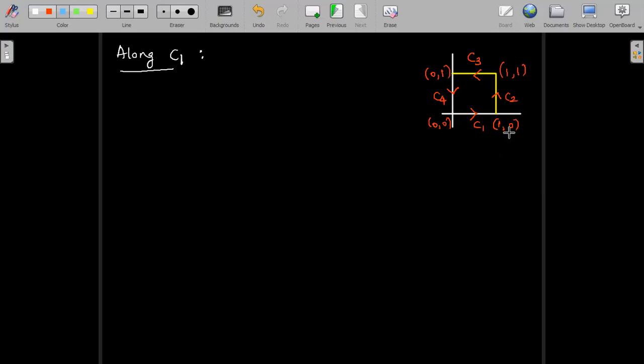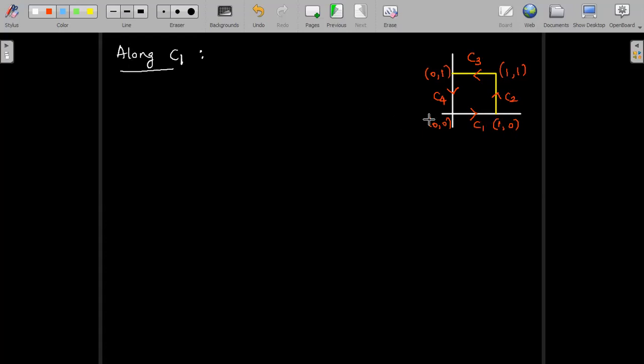Make sure that every coordinate x comma y is compared with. So 0 comma 0 is compared with x comma y, 1 comma 0 is compared with x comma y. So y is 0, y is 0. We also observe that x varies from 0 to 1. So all that will be required for us to pin and write down along C1.